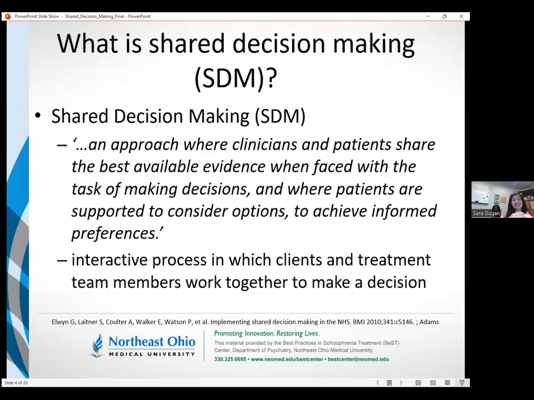Now, the decision does not have to be medication related. There are quite a few articles that are available related to shared decision-making that actually focus on testing, whether or not to get different types of testing, whether or not to do different types of interventions. So it really could be used in broader context. We're just going to focus on medications today.